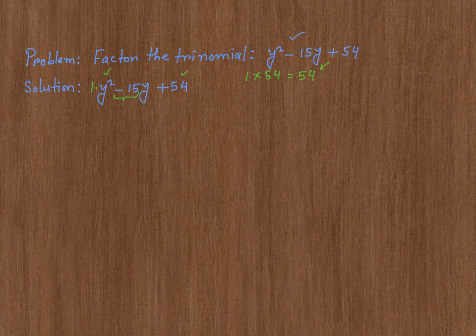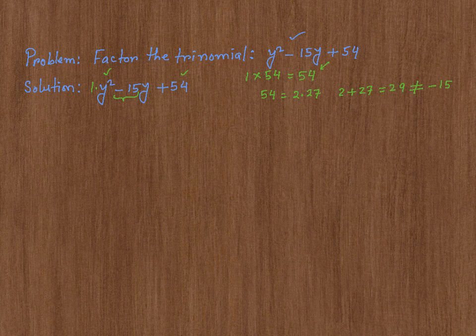Now let's try out some possibilities. 54 is equal to 2 times 27, but 2 plus 27 is equal to 29, which is obviously not equal to negative 15.